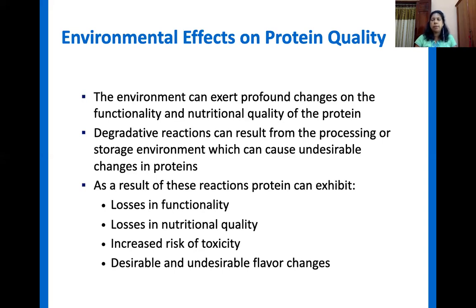So if I ask the question, can you discuss the effect of environmental changes on protein quality, what are the points you are going to mention under that?